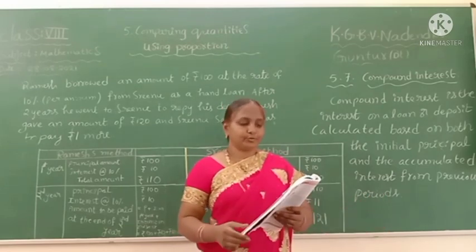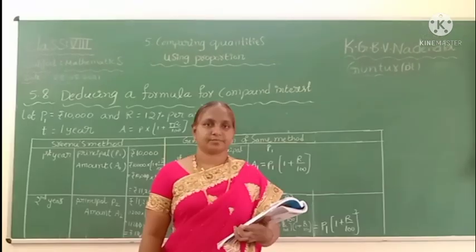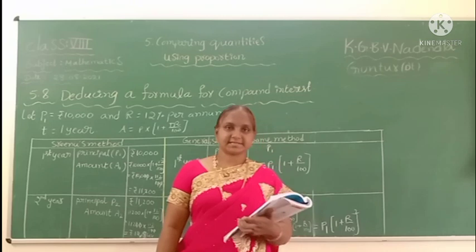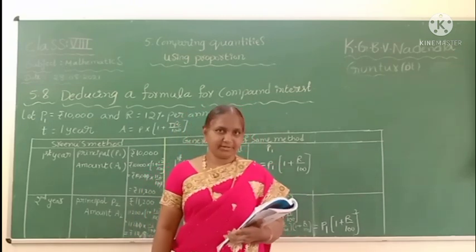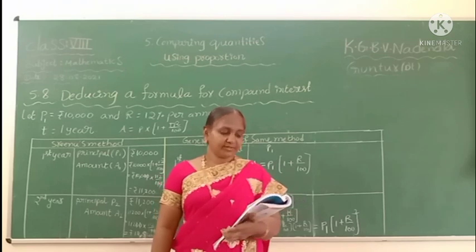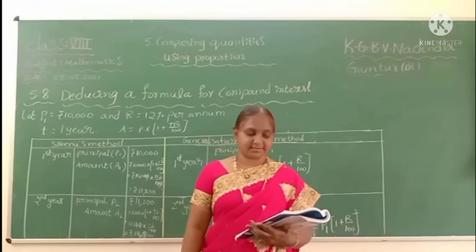Now we are going to deduce a formula for compound interest. In the earlier example we discussed, we observed that Srinu calculated compound interest. If it is 1 year or 2 years, it is easy to do calculations like that.